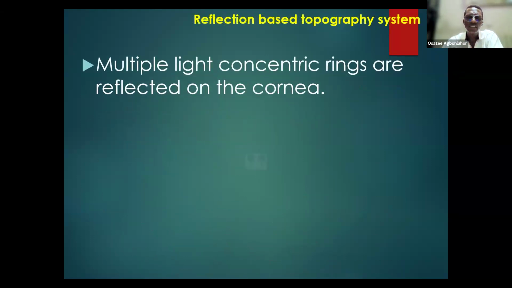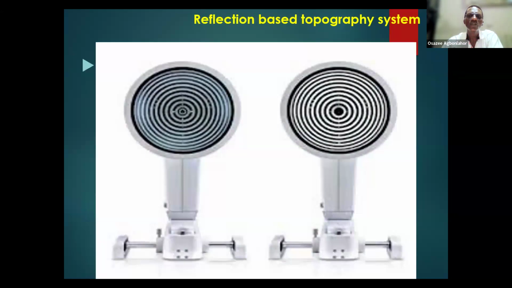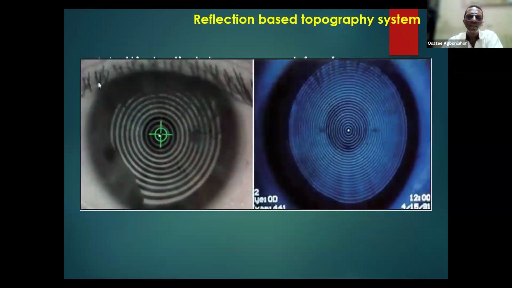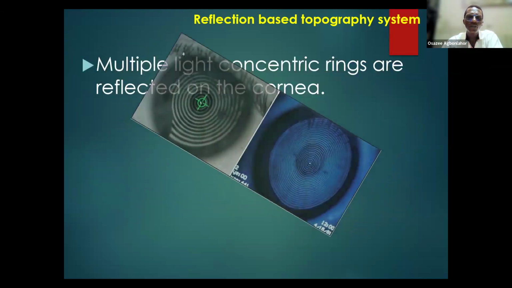For the reflection-based, it projects a light reflection onto the cornea, and it uses this to give you the smoothness or roughness. This is usually done on a transparent surface, and that's what is used to assess the information.